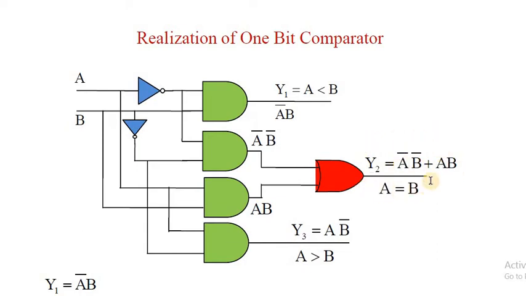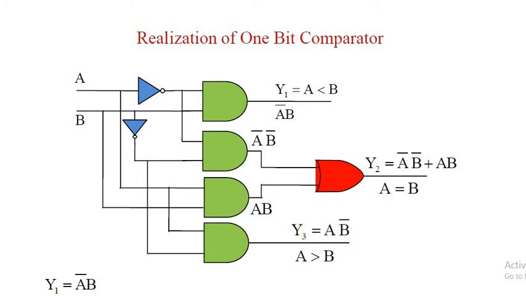We can use an XNOR gate also here. y2 is equal to A is equal to B, y3 is equal to A B bar. Therefore A B bar means A is from here and B bar is from here, therefore y3. This is the actual implementation using logic gates for the expressions y1, y2, y3.